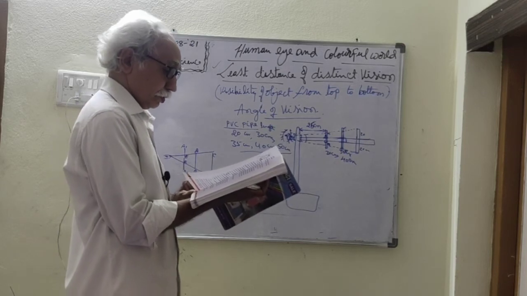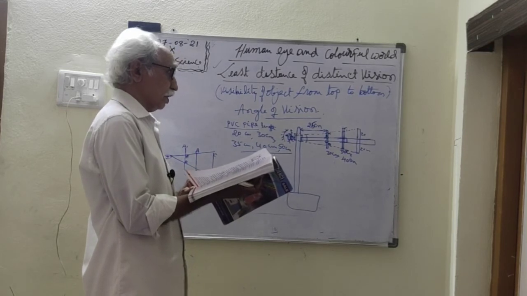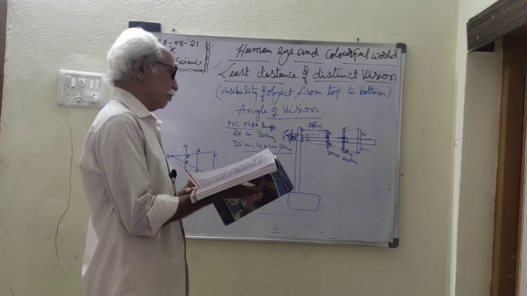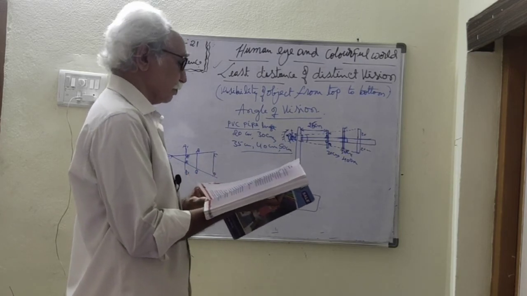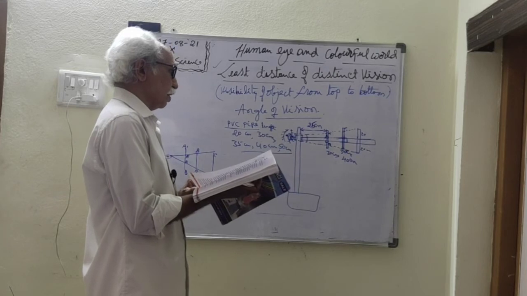The light rays coming from the top of the object and from the bottom of the object enter into the eye and have some angle, and that angle is called the angle of vision. When the angle of vision is 60 degrees, we are able to see the whole object.